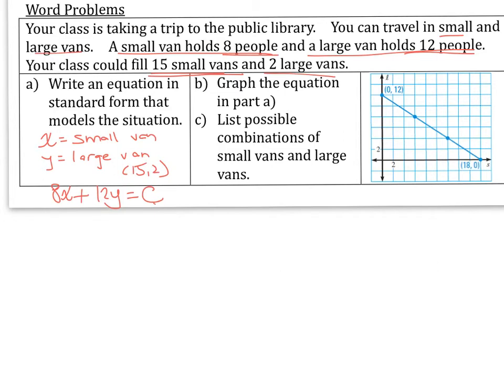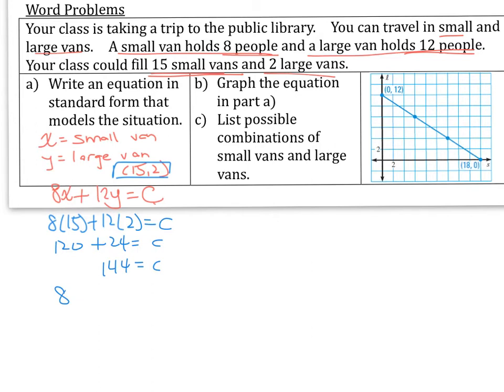So this would be a point given to you. So I can plug it in for x and also for y. So 120 plus 24 equals C, and we have C would equal 144. Therefore, our equation in standard form would be 8x plus 12y equals 144.